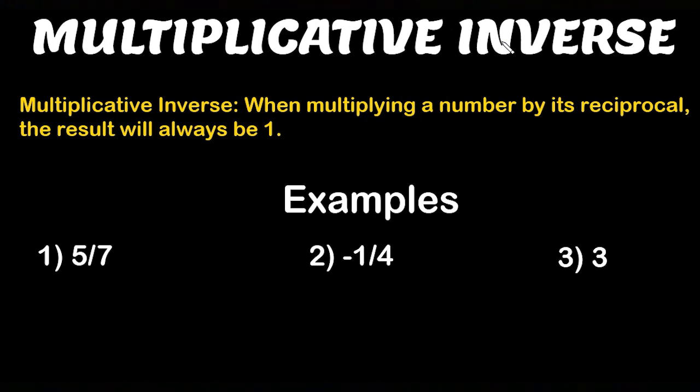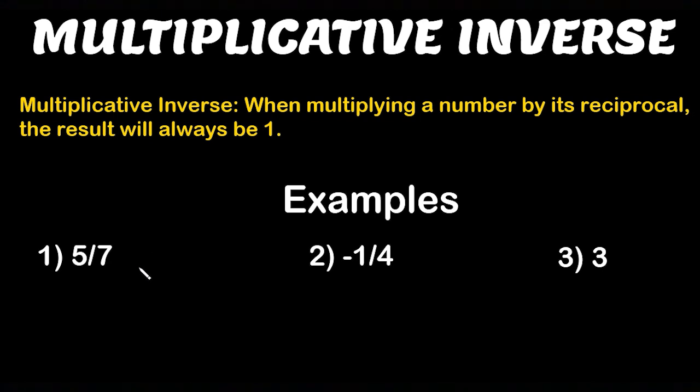So we're going to jump right into these examples because it is pretty straightforward, and once you understand what it's asking, it's pretty easy. The first example is 5 over 7. What is the reciprocal of 5 over 7? That's going to be 7 over 5.